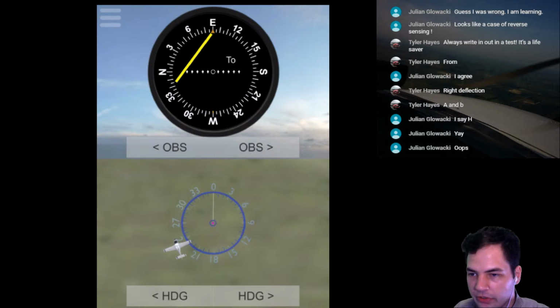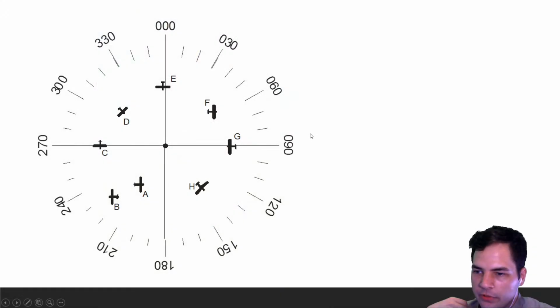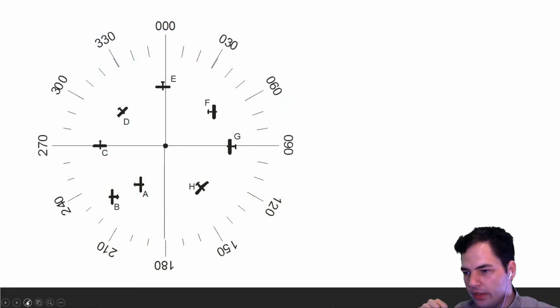Okay, here's a good exercise for us. What I'm going to do is figure out how to clear out all of my drawings. There we go. Okay, so let's say in this scenario, I'm trying to trick you.